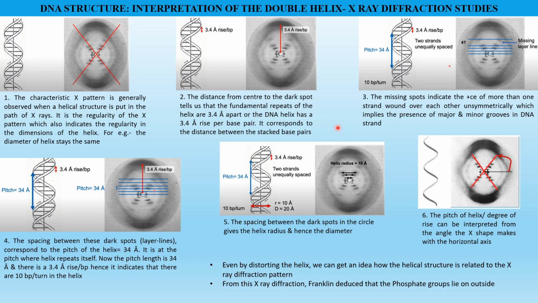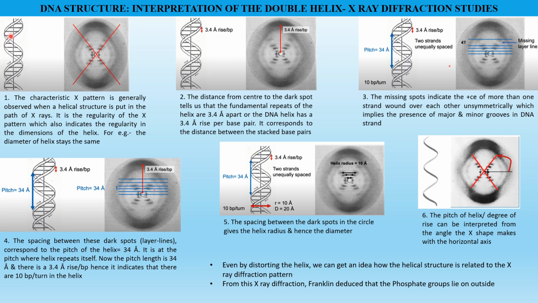This X shape indicates that the dimensions of the DNA, that is the diameter and the radius, are consistent throughout its structure, and it also corresponds to the double helical structure of DNA.